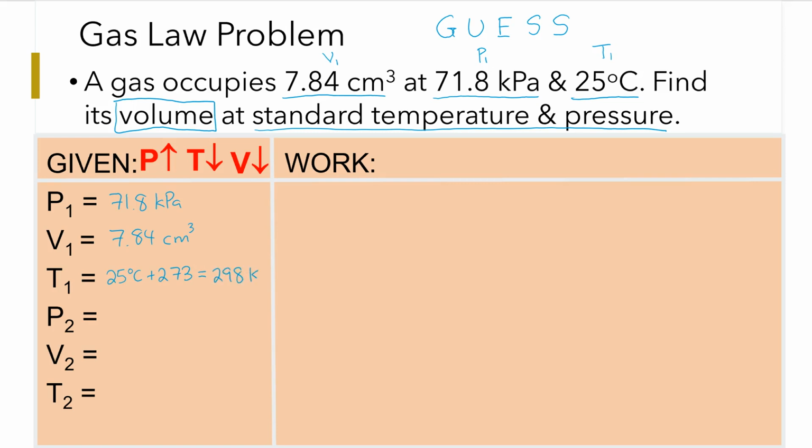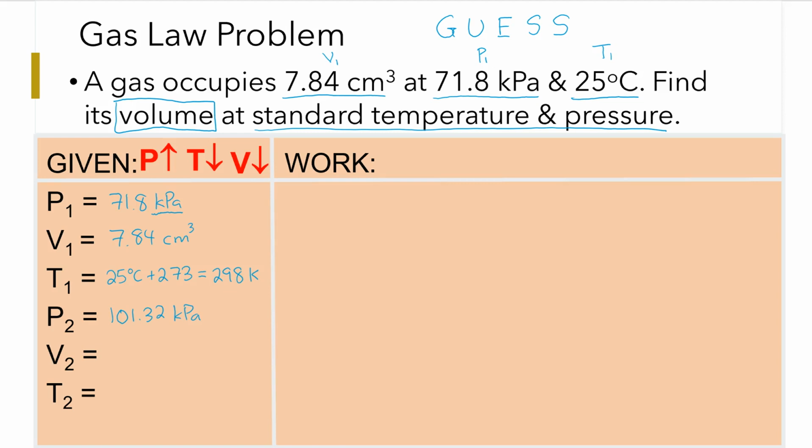When I do, I get 298 Kelvin. Pressure 2, again at standard temperature and pressure, I need to know what that unit is. I see that it is kilopascal, so I can't use 1 atmosphere. I must use 101.32 kilopascal so that the pressure unit can cancel out. Whatever is in my given, y'all, I must use for my second set if it's not stated.